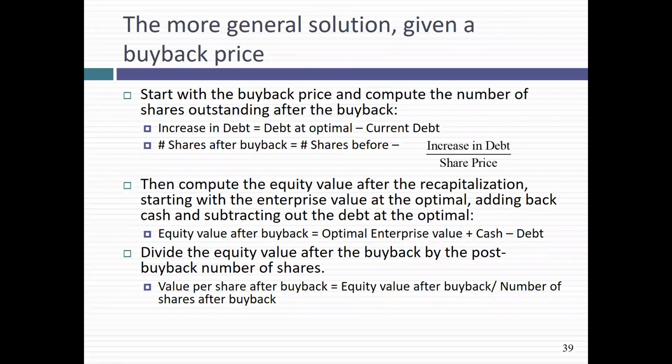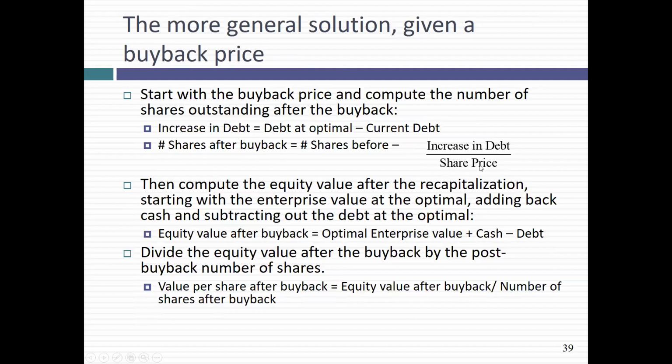So this is actually the more general case. We're going to assume a buyback price we're offering. Based on that buyback price, the first step is to figure out how many shares we are buying back. The increase in debt, which is the new debt minus the old debt, we take and divide by the share price.